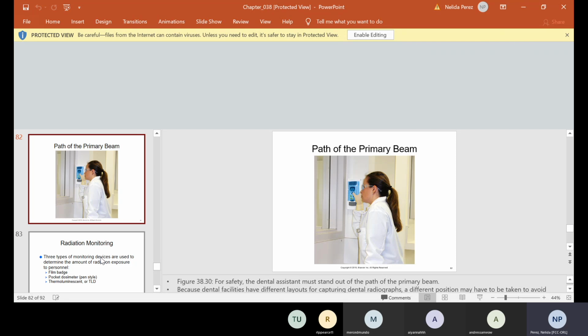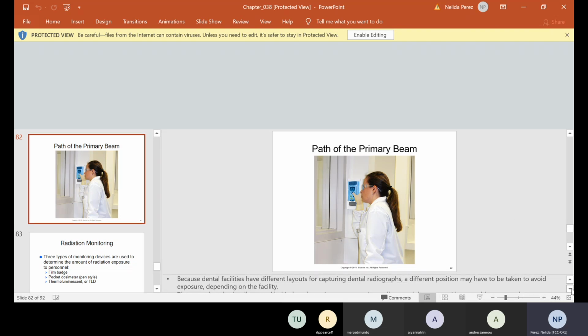Also make sure nobody else is standing in the primary beam when you press the button. In the office, you usually stand behind a wall, behind the button, usually 6 feet away. We do the same here, to avoid exposure.